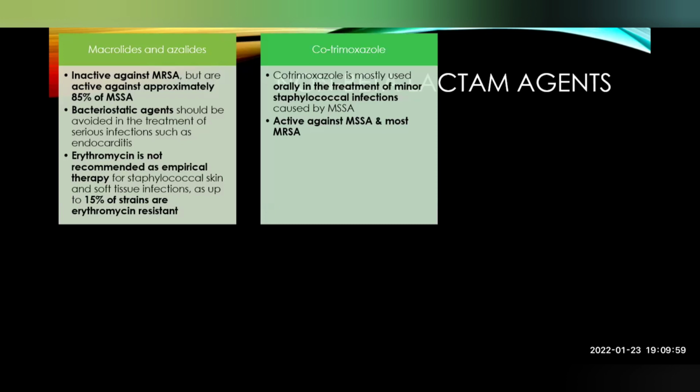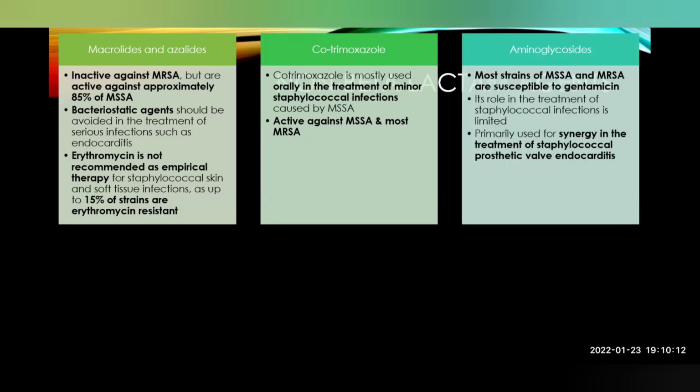Next, co-trimoxazole. Again, this is one of the oral agents, so you can use it as a step-down therapy. And they are active both against your MSSA and MRSA. Next, the aminoglycosides. Again, these are agents which remain active against both your MSSA as well as MRSA.